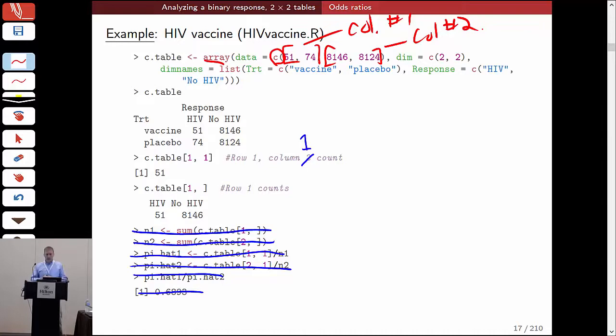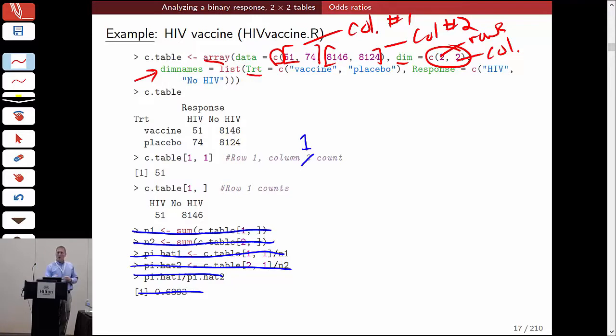Then the dimension of the contingency table, I'm going to combine together the number of rows and the number of columns. And the last argument is a little bit more complicated. Dimnames stands for dimension names. In terms of, well, what do you call the rows? What do you call the columns? And we take advantage of what's called a list type object in R to put all these names together.